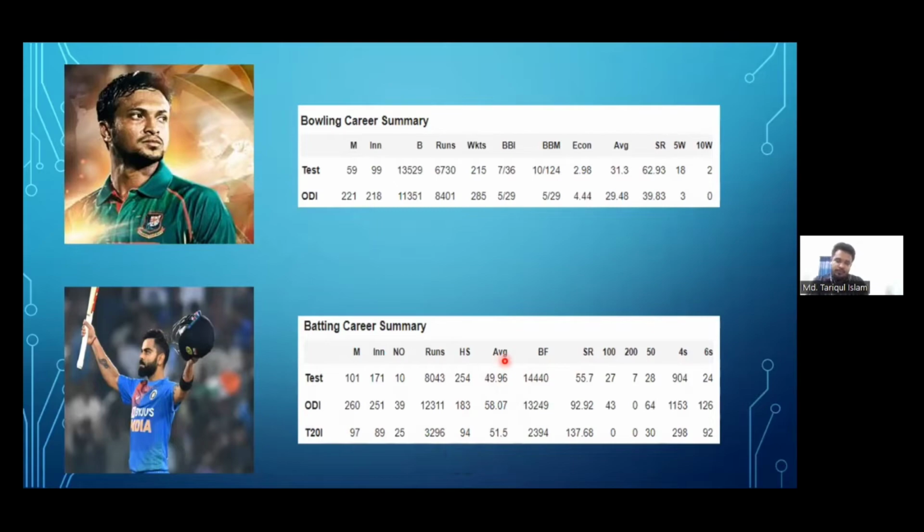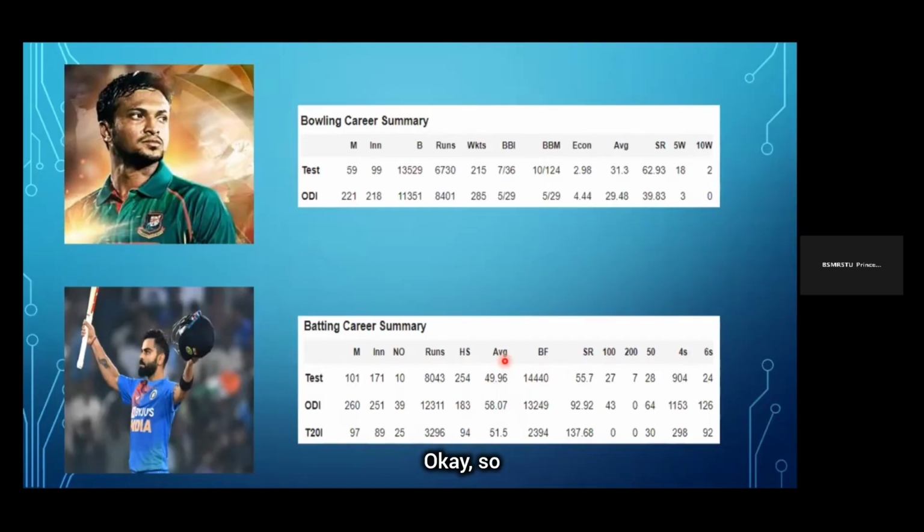So it is showing that in each innings he scores 49.96 on average in test, 58.07 runs in ODI, and 51.5 runs in T20.